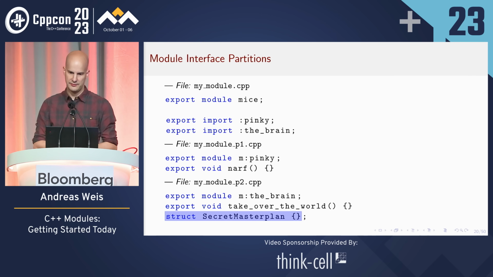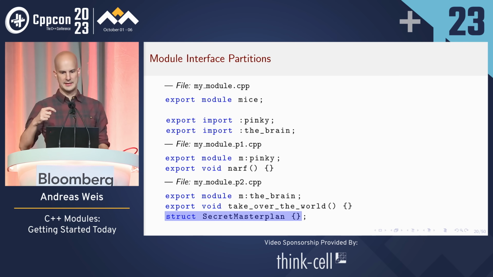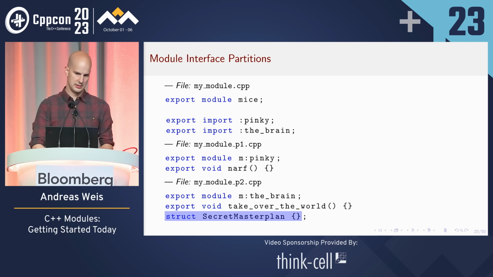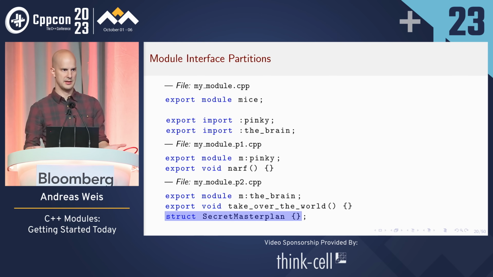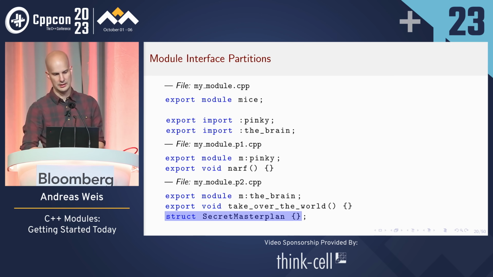In particular, I have a data type in here which is not exported, but that data type, even though it's declared in the partition of the brain, is available for use for everybody inside the module mice, but not to the clients because it's not exported.